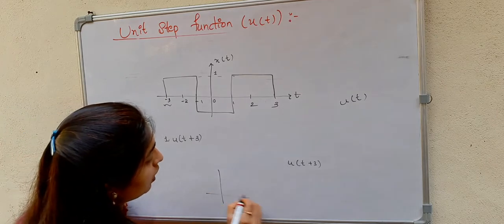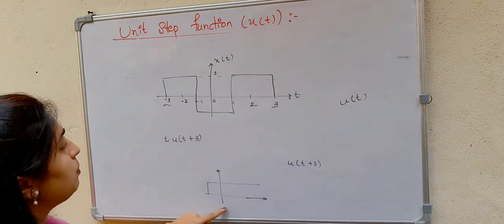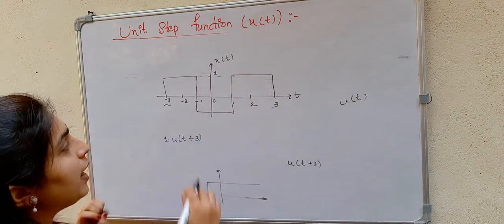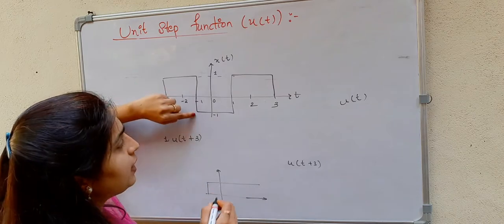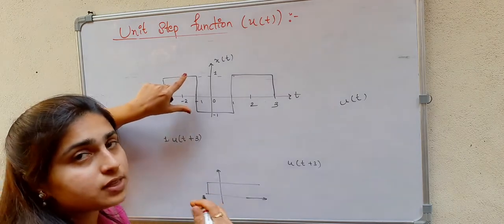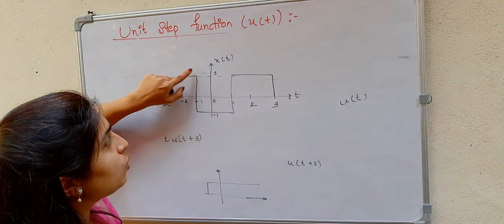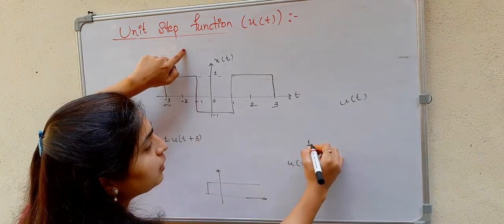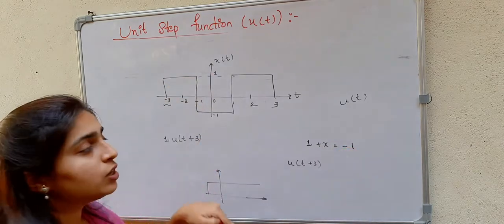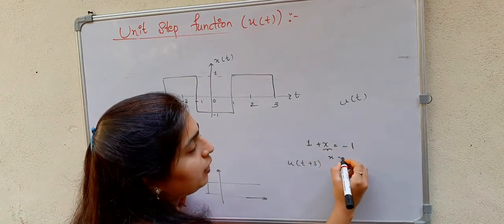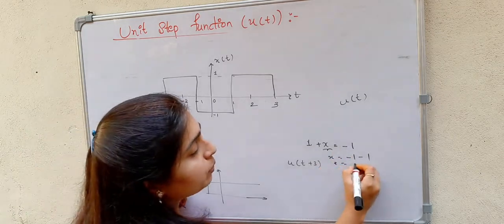Okay, u of t plus 3. So it goes on now from 3. This is what you have got now. Next, see, at minus 1, it is changing from 1 to minus 1. Means the height of the step is changing from 1 to minus 1. So if I add something to 1, I should get minus 1. So that something is nothing but minus 2.